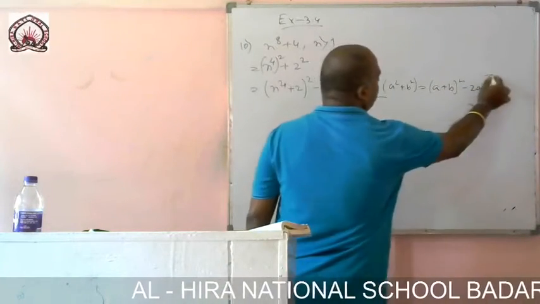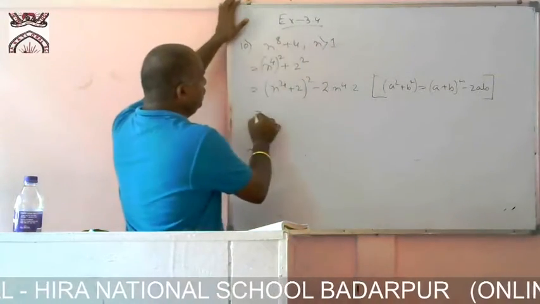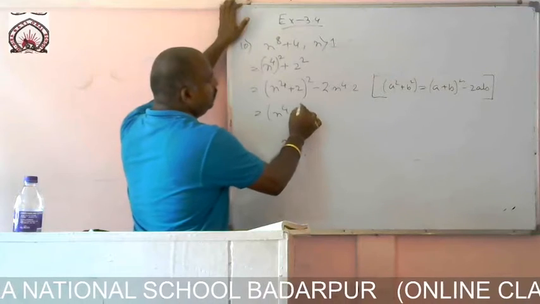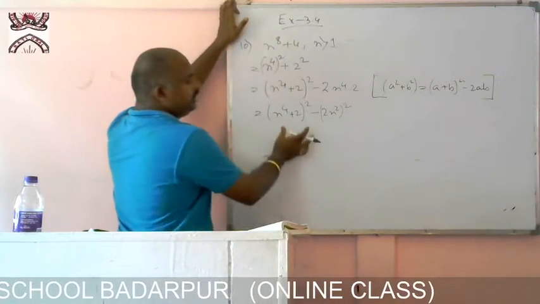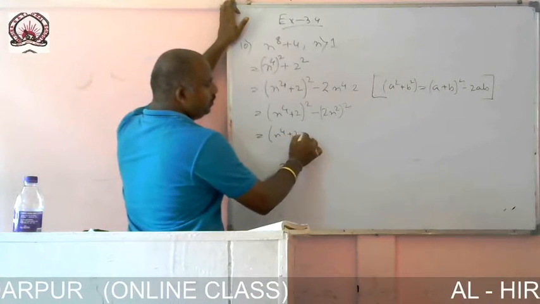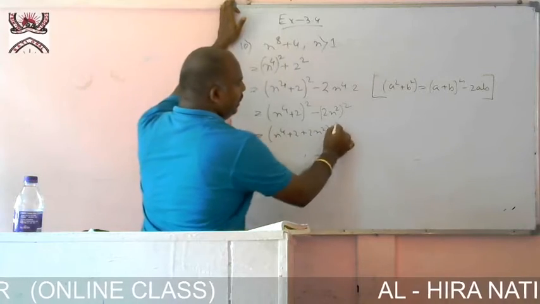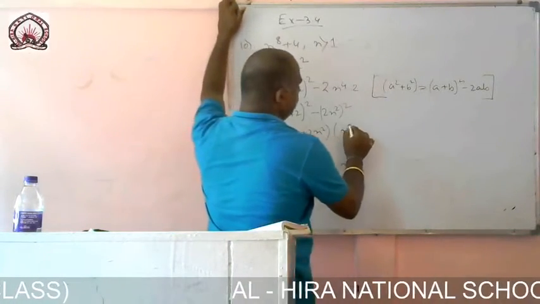This is the formula I have applied. Now this is nothing but (n to the power 4 plus 2) whole thing squared minus (2 into n square) whole thing squared. This is the formation of a square minus b square, so it forms (n to the power 4 plus 2 plus twice n square) into (n to the power 4 plus 2 minus twice n square). Here you have to apply a square minus b square.